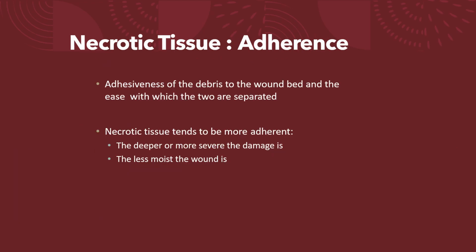Adherence is the attachment of the debris to the wound bed and the ease with which the two are separated. Necrotic tissue tends to be more adherent the drier the wound is.